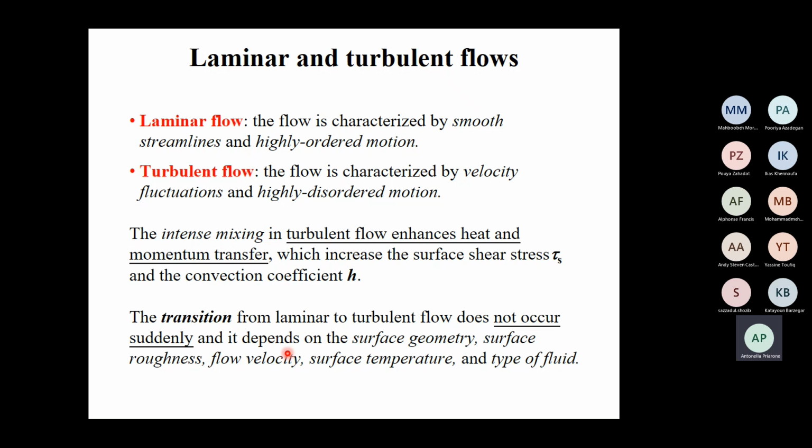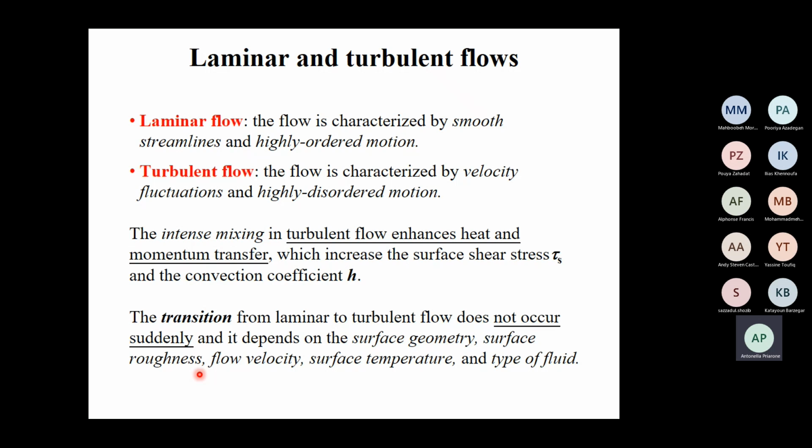Okay, obviously the transition from laminar to turbulent flow does not occur suddenly. I do not have laminar up to a point and then suddenly turbulent flow. I have a transition zone, which depends again on a lot of parameters: the geometry, the roughness.